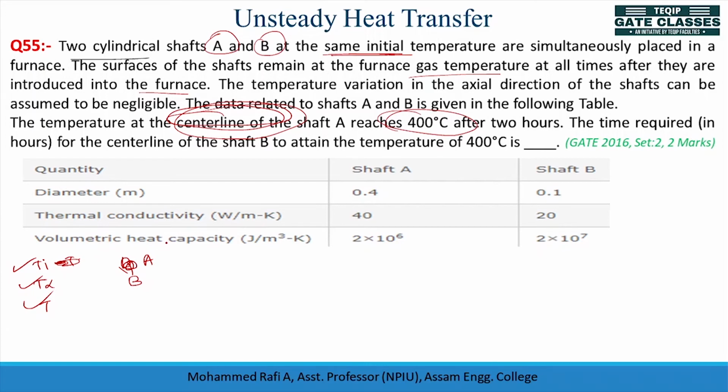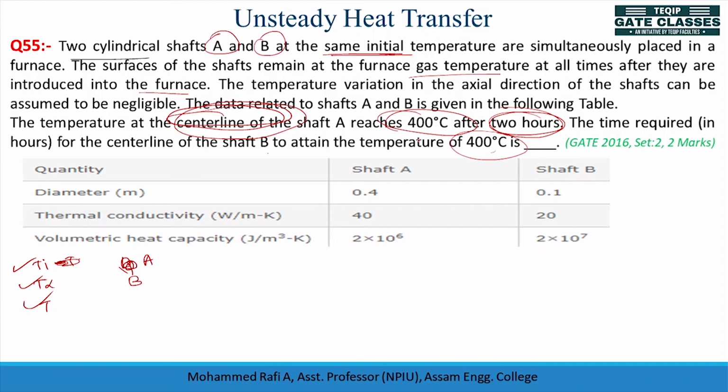So directly they are asking about the time required for the center line of shaft B to attain 400 degrees Celsius. They have already mentioned the time required for A is 2 hours. So what is the time required for B, which has the same parameters, but some differences in the dimension as well as the thermal conductivity and the volumetric heat capacity?